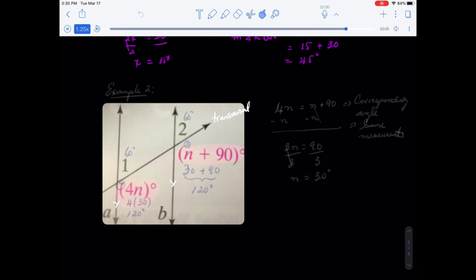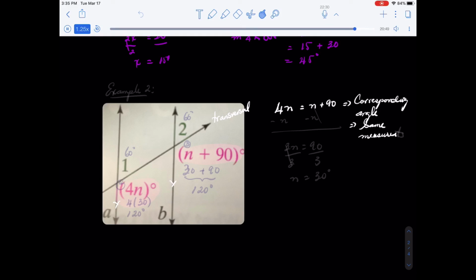The question is asking what is the measurement of angle 1 and angle 2? We don't have that information, but we know their adjacent angles have a value. We can set up this problem as n equals n plus 90, because they are corresponding angles and must be the same measurement.